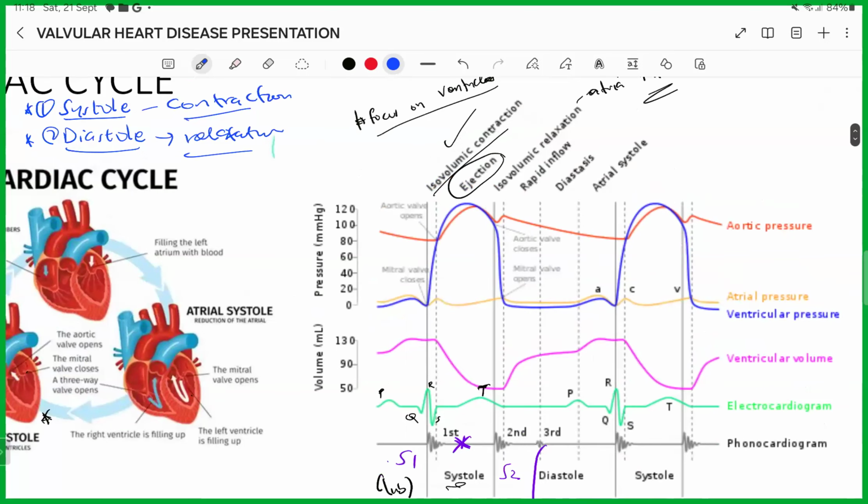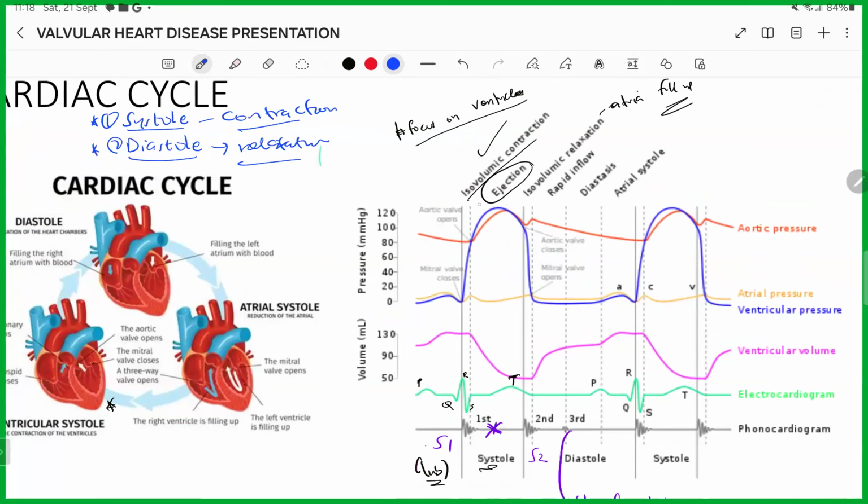So during contraction, which you say is systole, what usually happens is that it's preceded by closing of the atrioventricular valves, which are the mitral valve on the left and the tricuspid on the right. So they close such that you can start contracting, and so you have a phase.